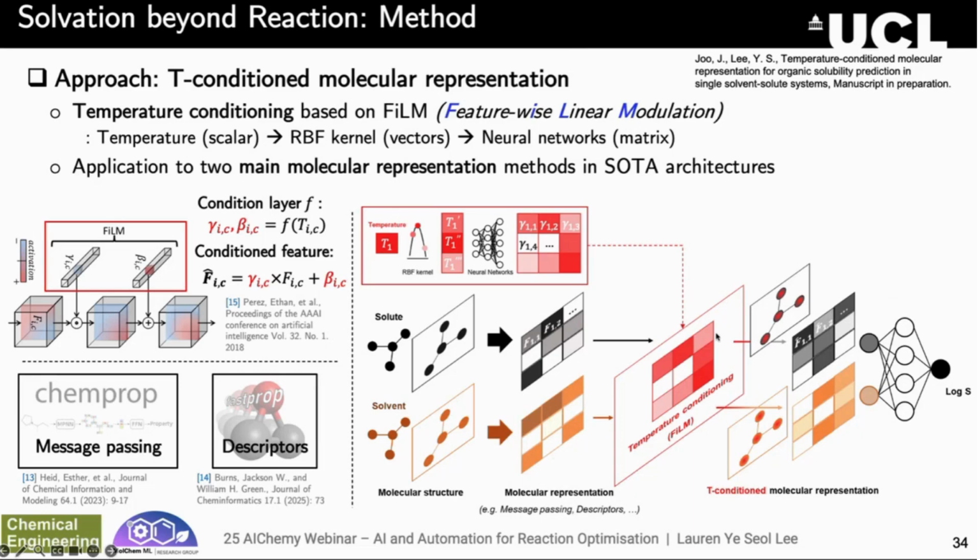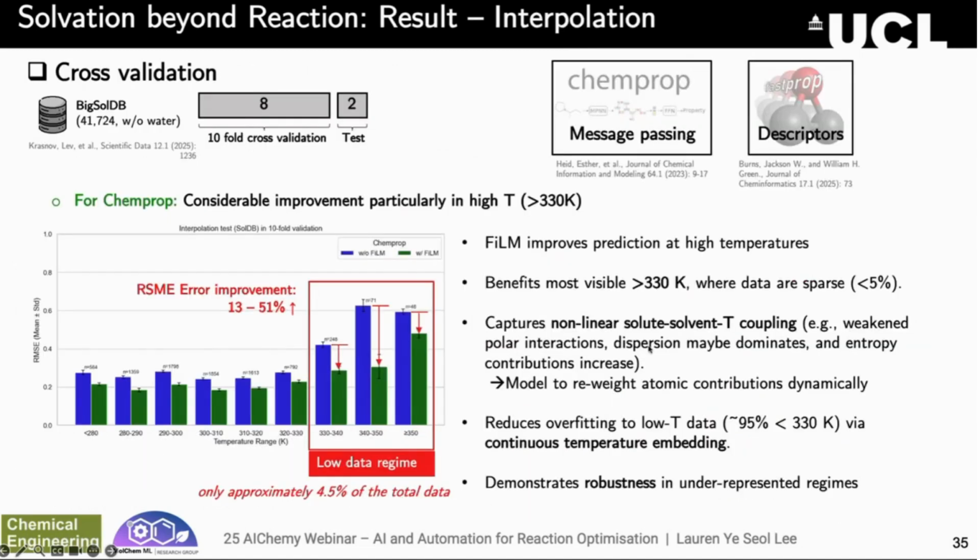So we applied this conditioning idea and compared with 2 state-of-the-art models: ChemProp, a message passing neural network, and FastProp, another machine learning model that uses fixed descriptors like Mordred descriptors. In the interest of time, I won't go into all the details, but as you can see on this slide, the most distinctive improvement appears above 330 Kelvin, where the data were very sparse.